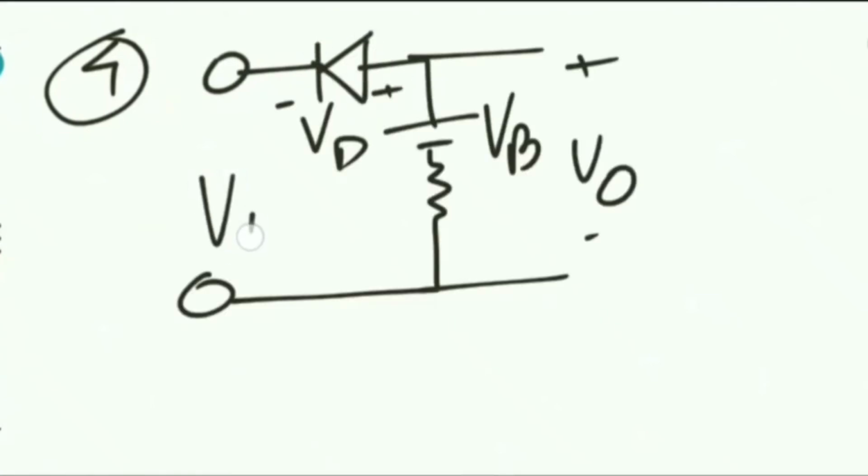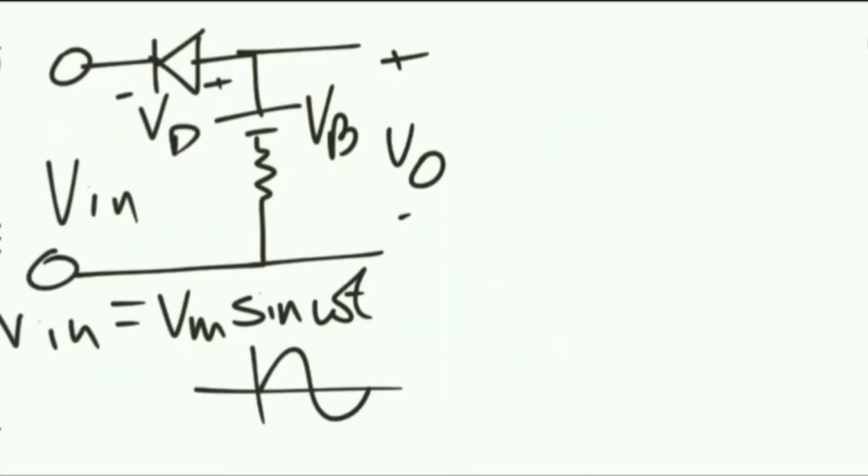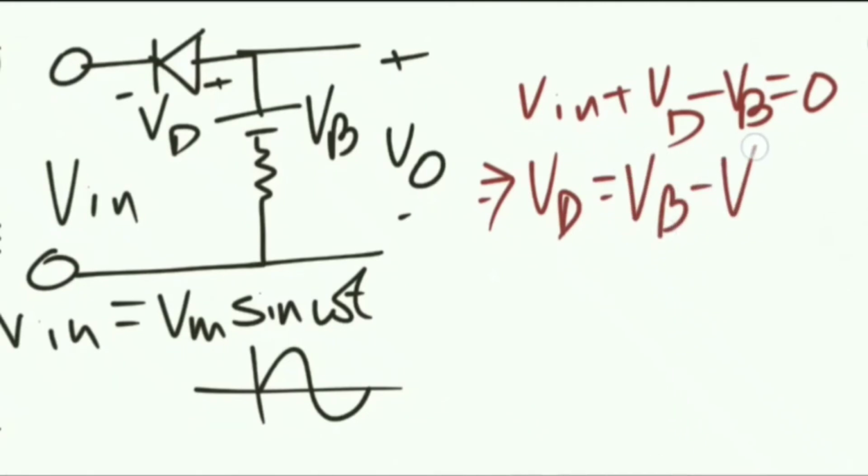Now let us take another condition where the circuit is this. Again here we are taking Vin as Vm sin omega t. Now let us find the biasing conditions. So put KVL in this mesh. Vin plus Vd minus Vb is 0, so Vd is Vb minus Vin.